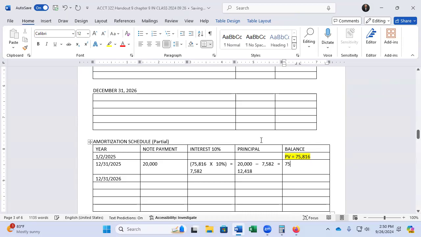And so now we take the 75,816 and we subtract the 12,418 and we get 63,398. Have you guys done one of these tables before?